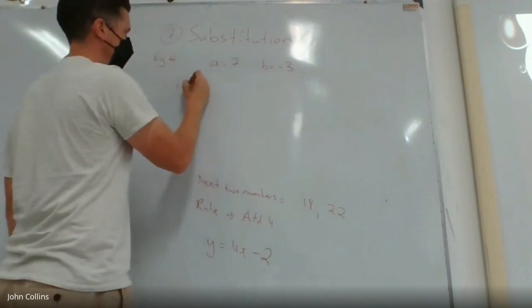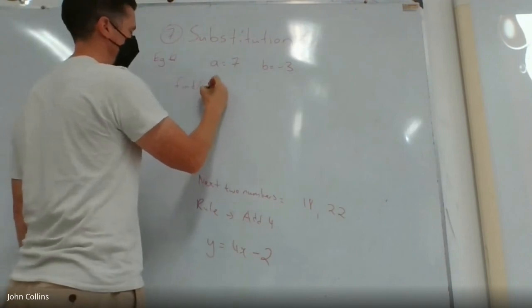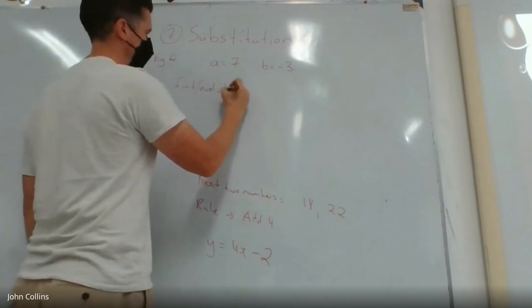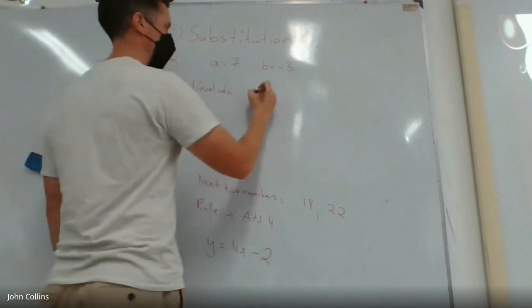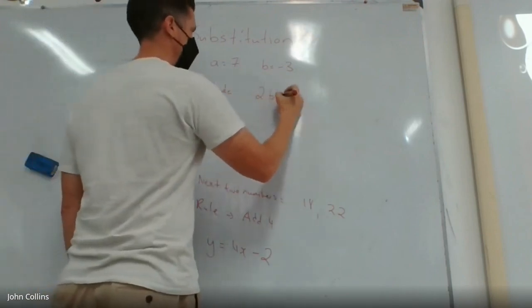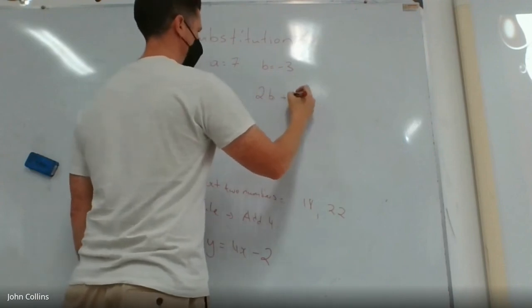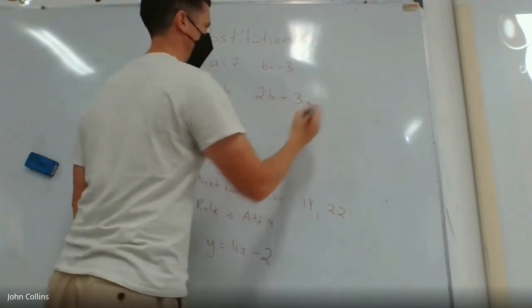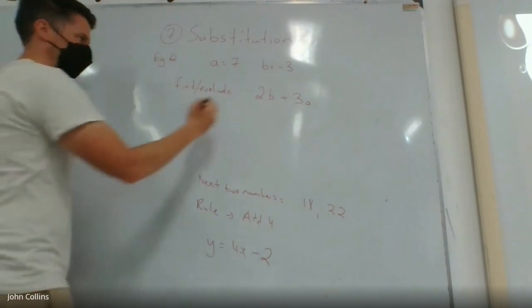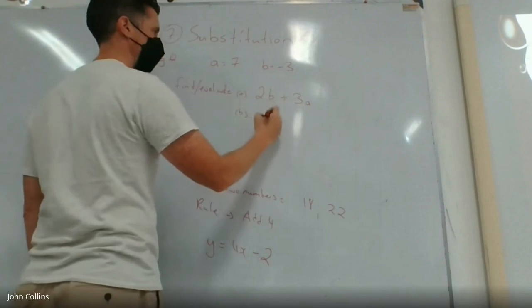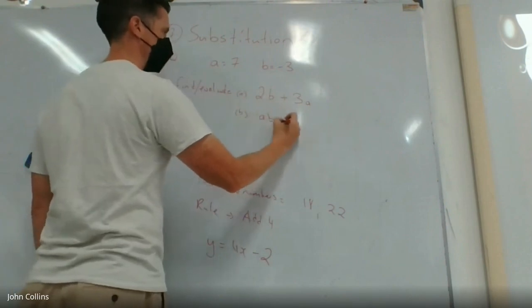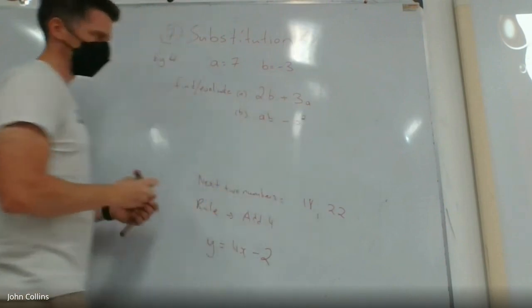And they ask you to find or evaluate the value of, for example, 2B plus 3A. That's part A. Part B, let's do AB minus A squared.